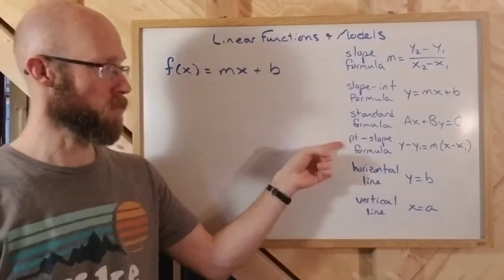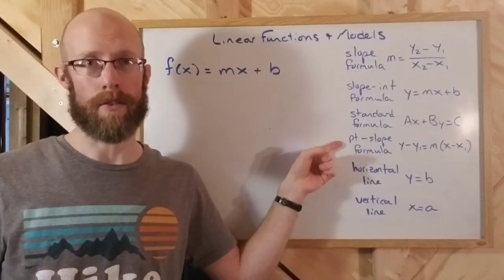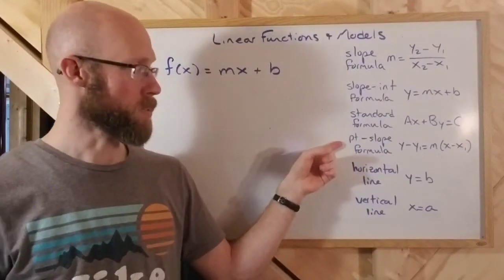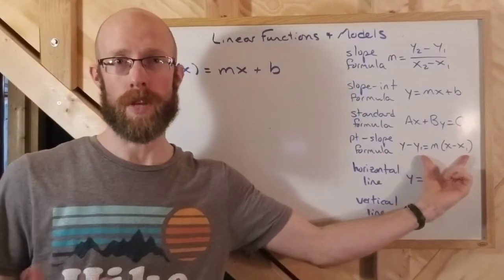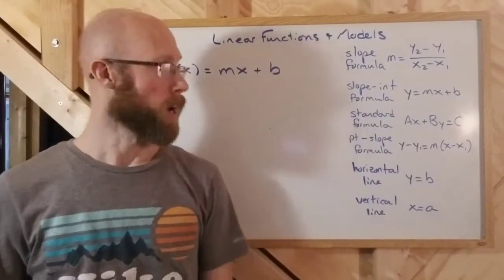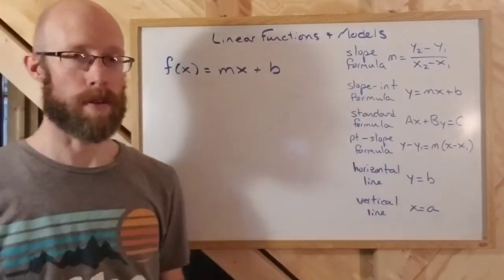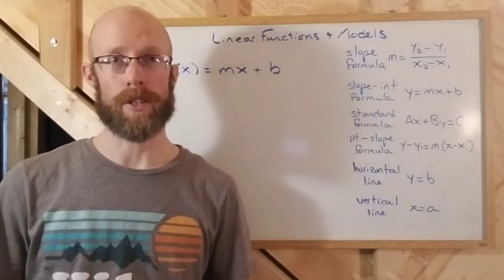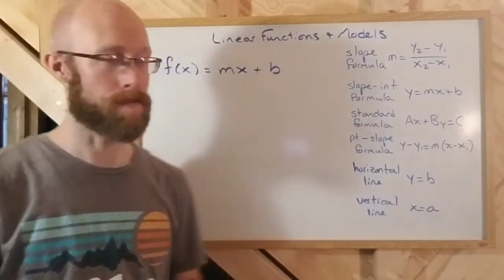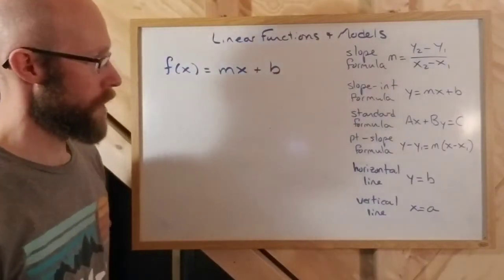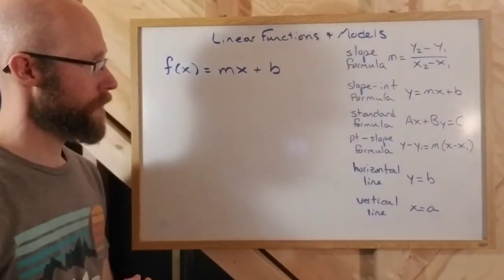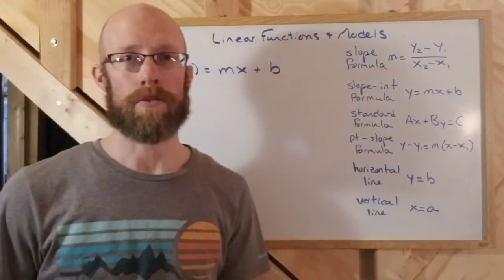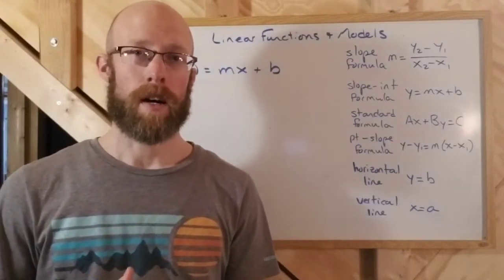Whereas the point slope formula is not unique for every line. It's different for every point that you choose on the line to plug in. But when you simplify it and put it in slope-intercept form, you'll always get a unique linear equation for each line, okay?